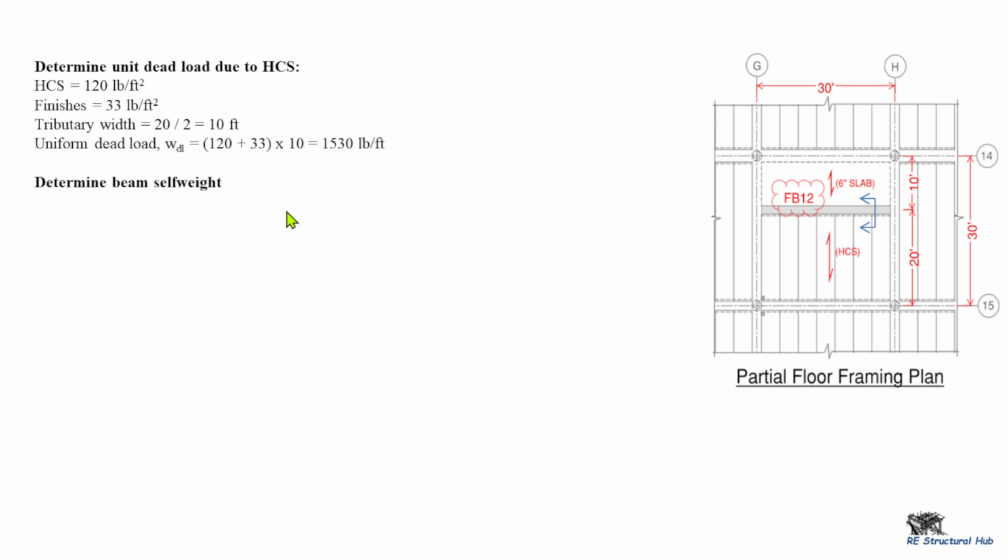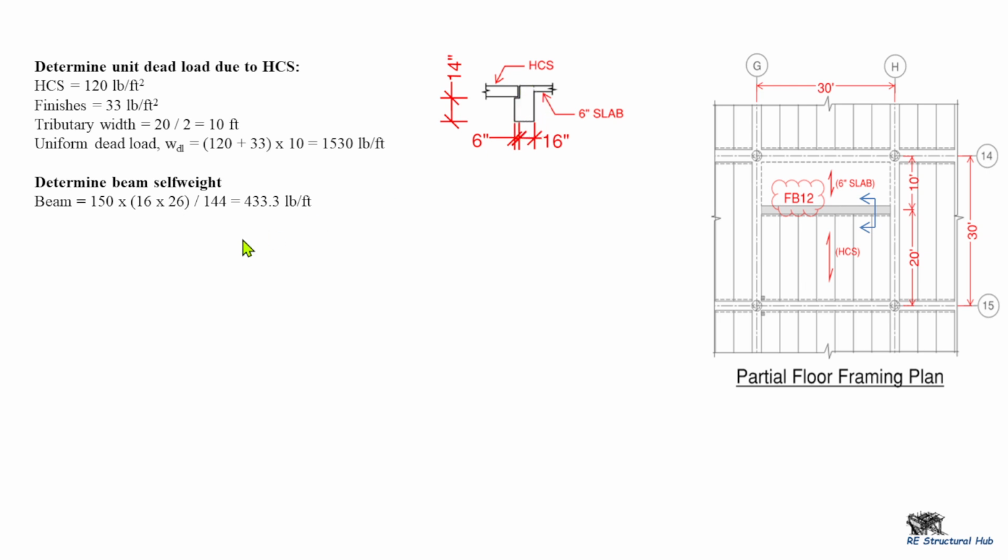So next, determine the self weight of the beam. For the self weight of the beam, you need to consider also the ledges. So the beam is 150 times our beam size 16 by 26 divided by 144. That would give us 433.3 pounds per foot.